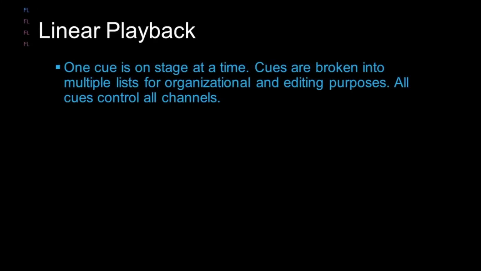So linear playback, as we talked about in our introduction, is one cue on stage at a time. And some reasons that we might decide to do something like this, a really common use for multiple cue lists in a linear playback world is something like a dance show, right?